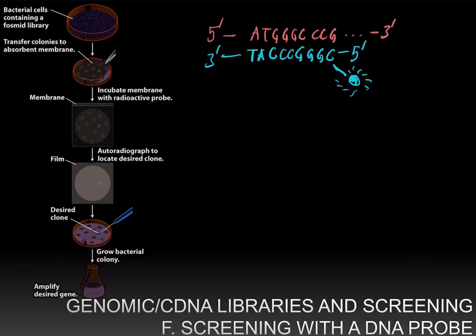And if you're using a radioactive probe, it will emit radiation that will create a spot on the film in the location where the positive colony is located, and we can use that location to look in the plate and find the bacterial cells that contain the gene that we're interested in, and you can pick those bacterial cells with a needle and then grow them up in a big culture in a large amount of medium to amplify the gene that we are interested in.